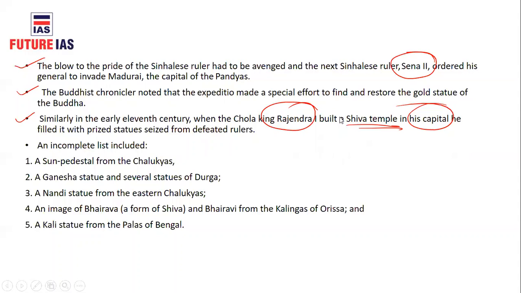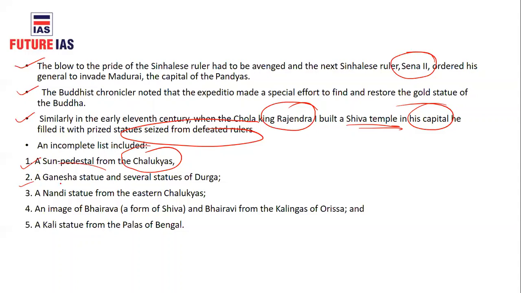And similarly, it happened when the Chola king, Rajendra I, built a Shiva temple in his capital. And you must understand, he filled it with prized statues seized from the defeated rulers, right? So the temple he constructed itself had some of the statues seized from the defeated rulers. For example, a sun pedestal was brought from the Chalukyas.